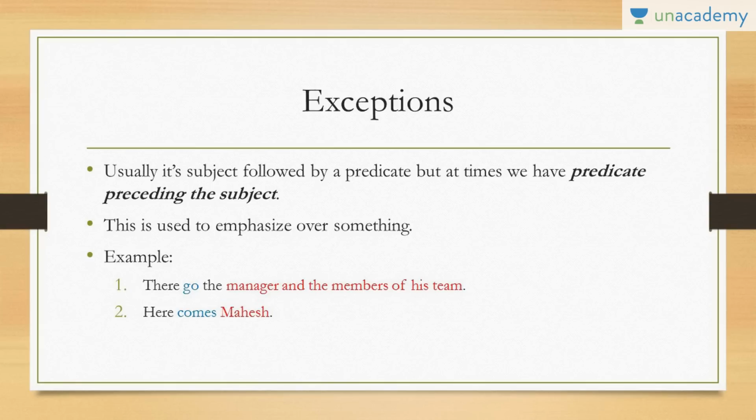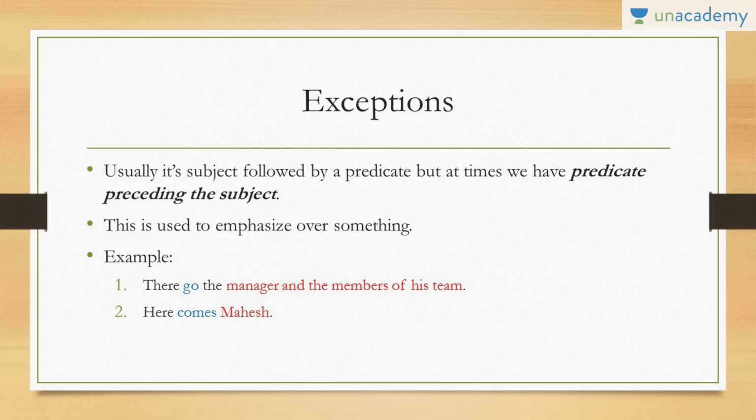You would have observed that in most cases the structure is subject and then the predicate, but it is not a universal rule. At times what we may observe is that the predicate might precede the subject. In other words, the predicate might come before the subject, right?